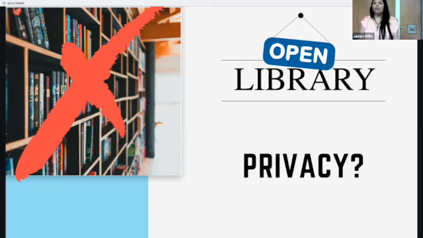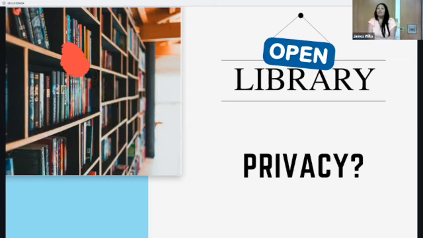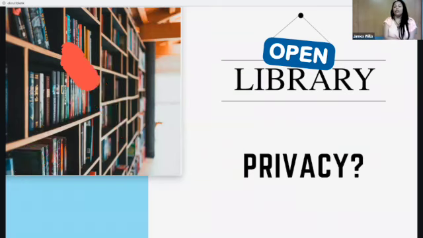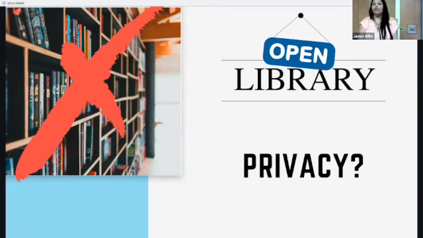So according to the Pew Research Center, now in 2022, who goes to the library anymore, right? But now in 2022, 30 to 40% of Black, Latino, and lower income, so less than 30,000 a year, library users are using the library primarily for the computers, the internet, or the Wi-Fi.